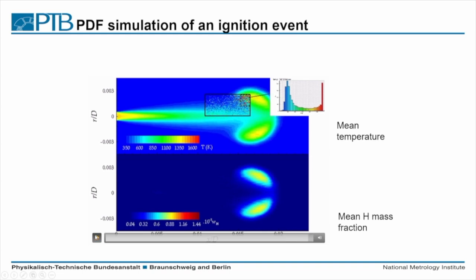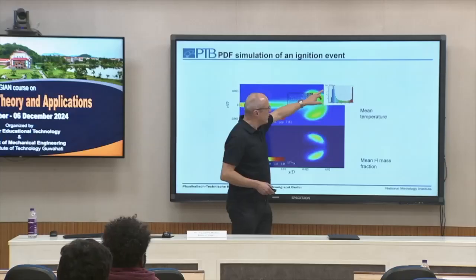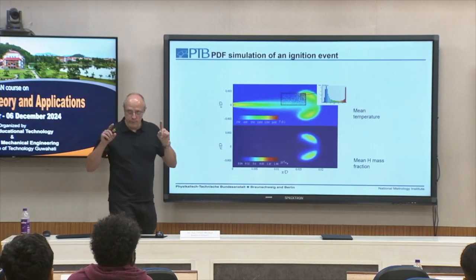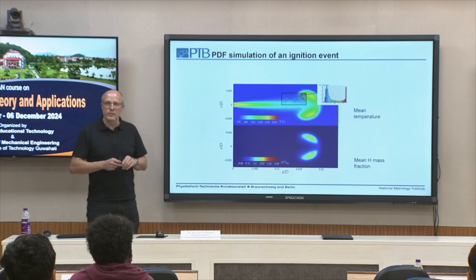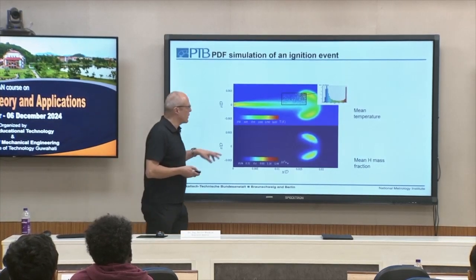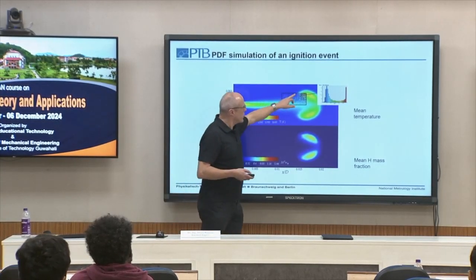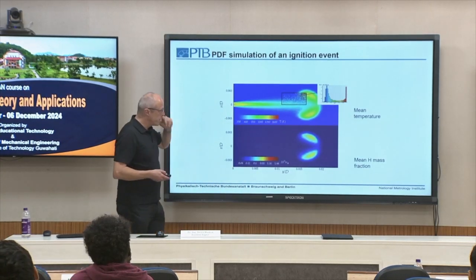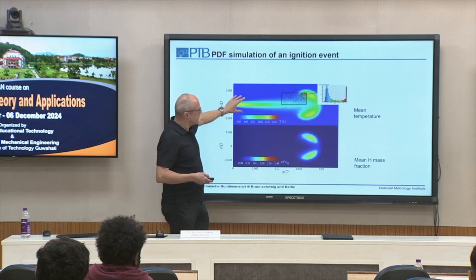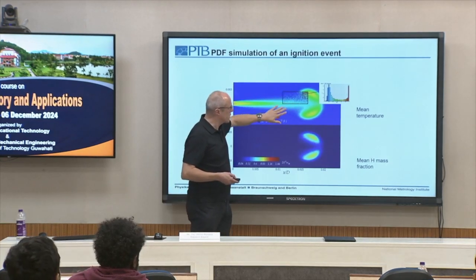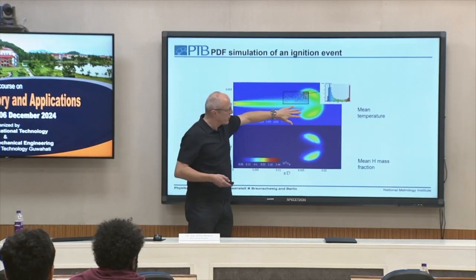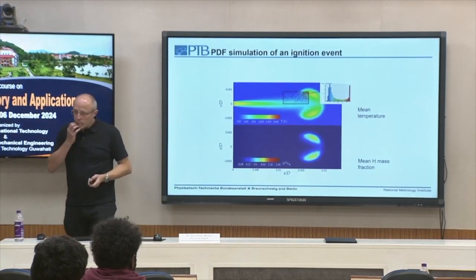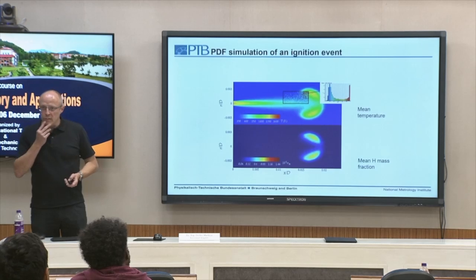So we can analyze, for example, the distribution. We have virtual particles, which represent the solution of our equation system. Here we can examine the distribution of several quantities. And what you see here is the hot gas mixes with the cold gas. It cools down. But finally, here at the tip of the jet, an ignition occurs.